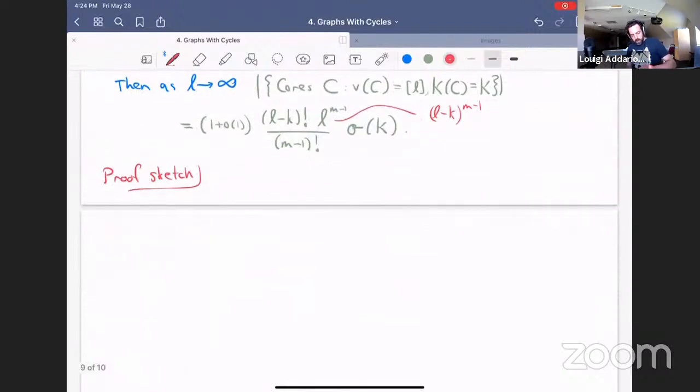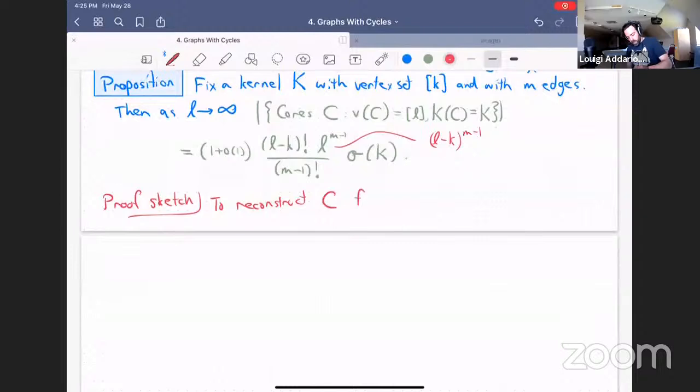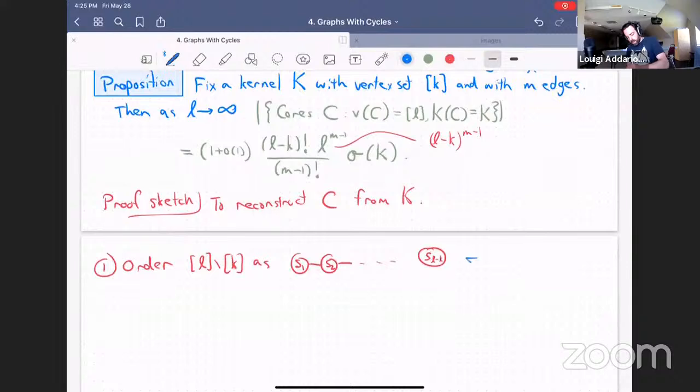So to reconstruct C from K, we can first order the vertices of C minus the vertices of K as S1 up to S_{L minus k}, and there are (L minus k) factorial ways of doing that.